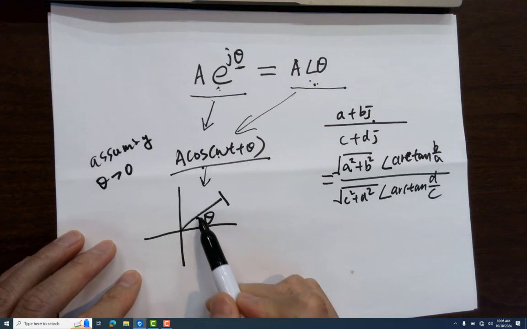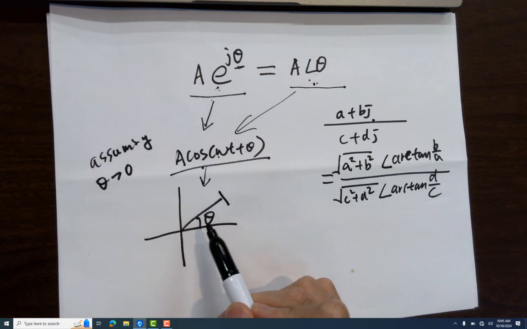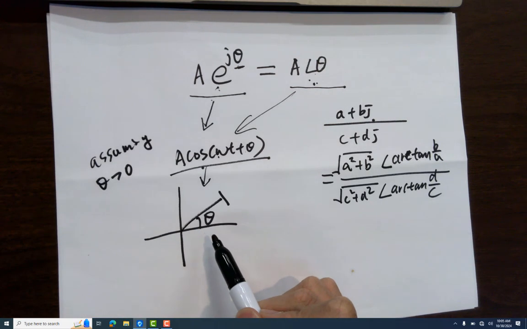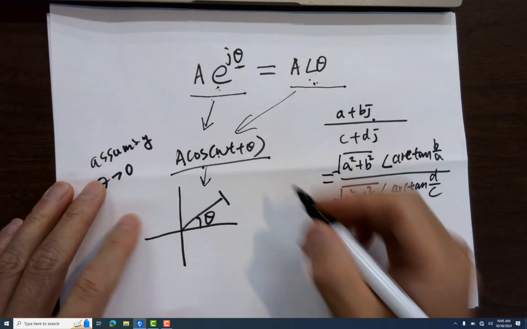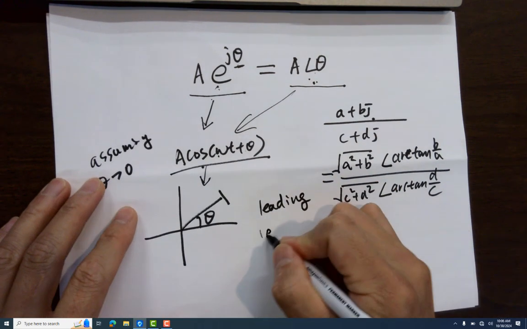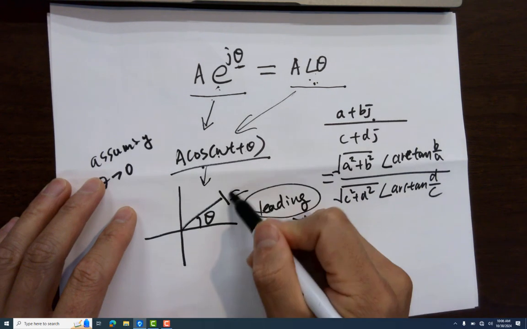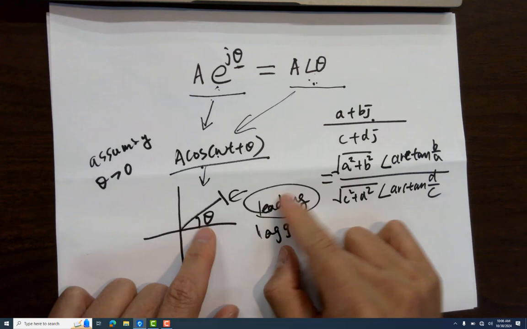Yes. Leading or lagging? Yes, new word, new term. Leading, lagging. So this is leading. Just seal this in your mind.